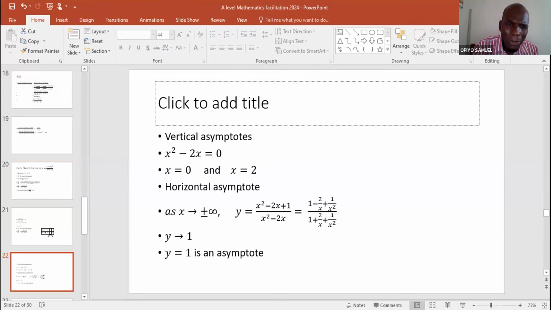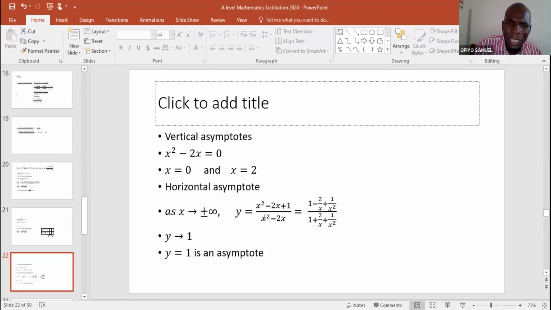To get the horizontal asymptote, you investigate where y goes when x tends to plus or minus infinity. So for this case, you have to first divide by x to the highest power. Before you punch in any value, make sure you divide by x to the highest power. That's why my function has changed to 1 minus 2 over x, because x squared over x squared is 1, 2x over x squared is 2 over x, then we have 1 over x squared.